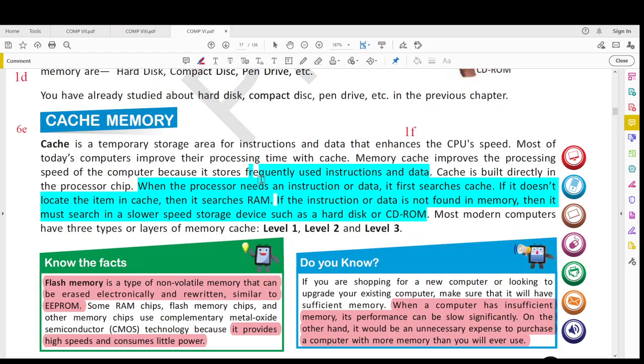So whatever data is required, it is searched on the cache first. If it is not found, then RAM is searched. If it is not found there either, then a slower device like hard disk or CD-ROM is searched.